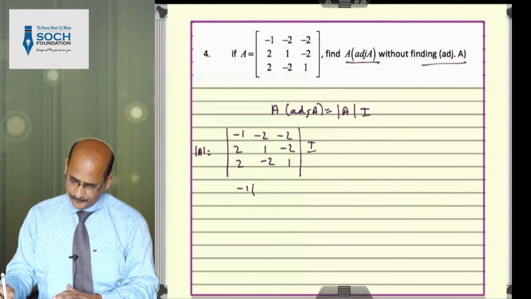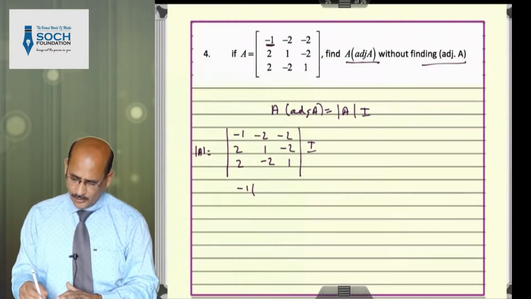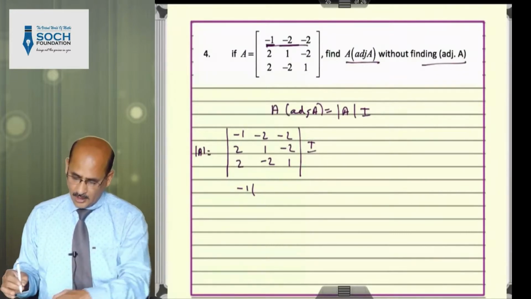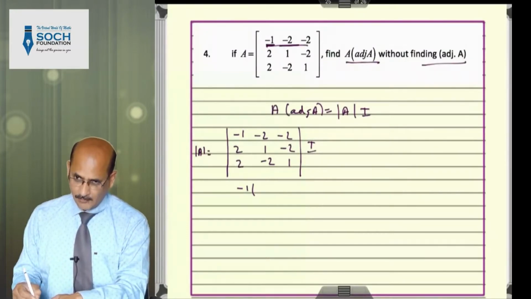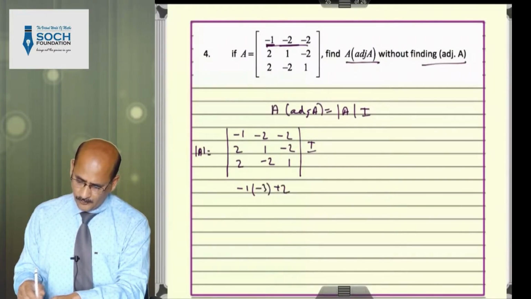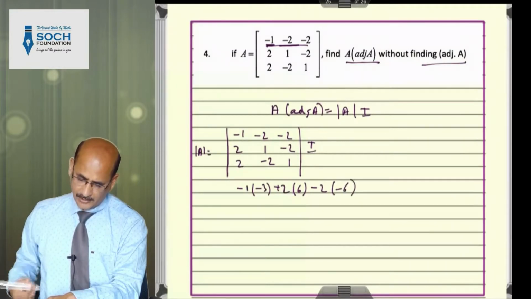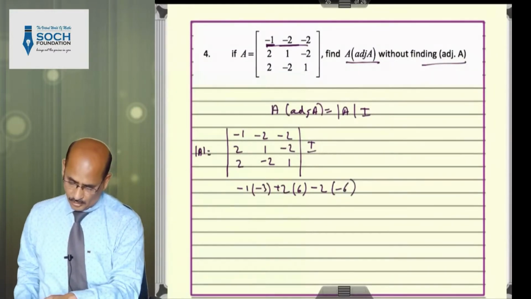Here there is minus 1. Right, the first element, you know how to do it. I am using the first row and opening this. So minus 1, this 1 minus 4 is minus 3, then plus 2, then 2 plus 4, that is 6, then 2, then minus 4 minus 2 is minus 6.